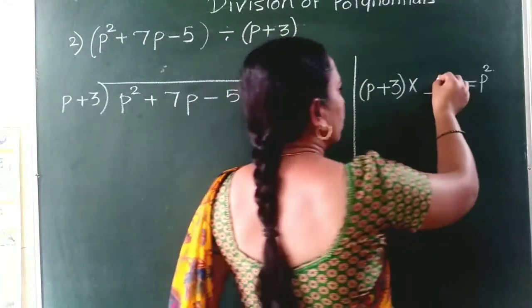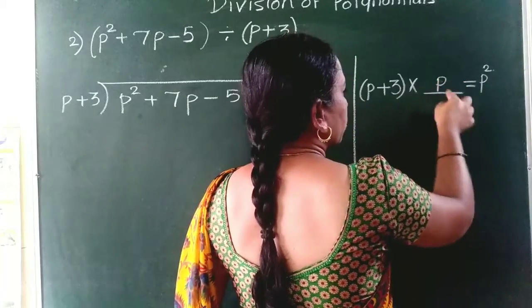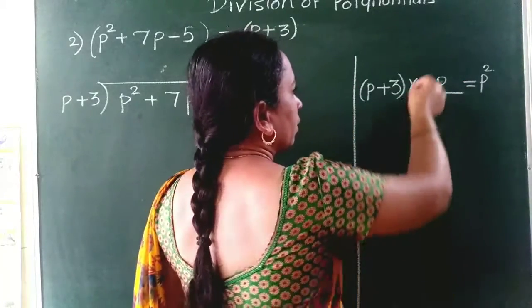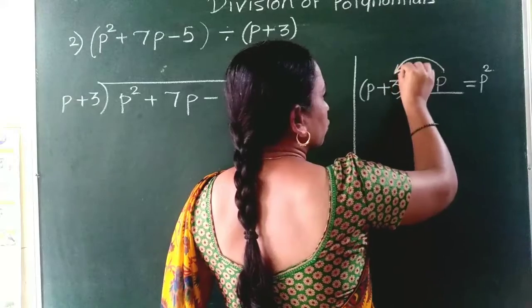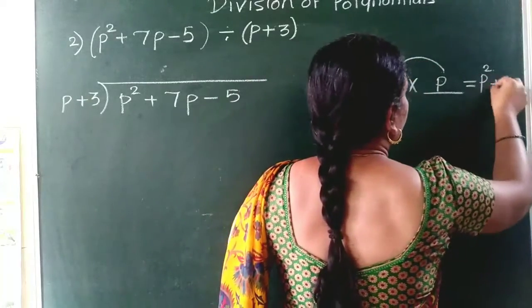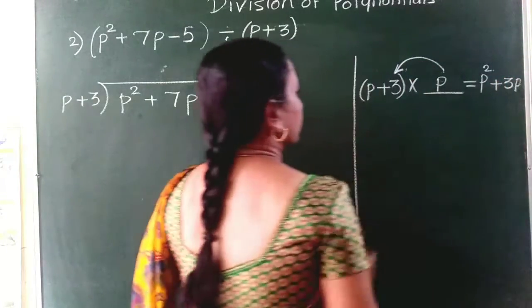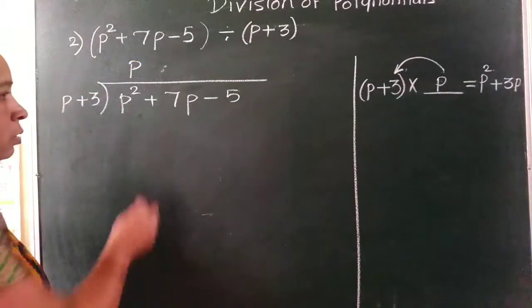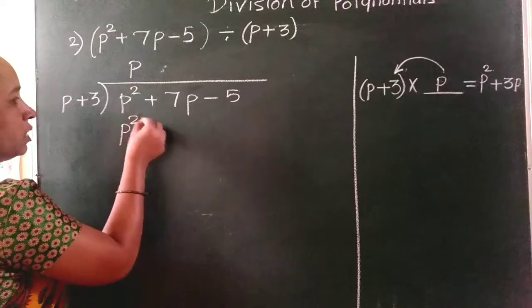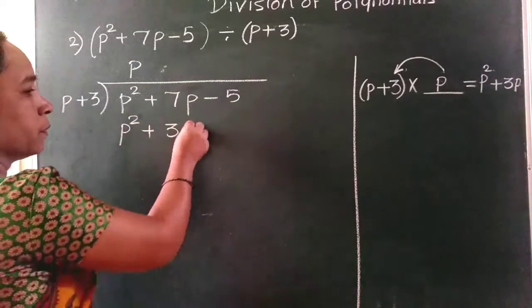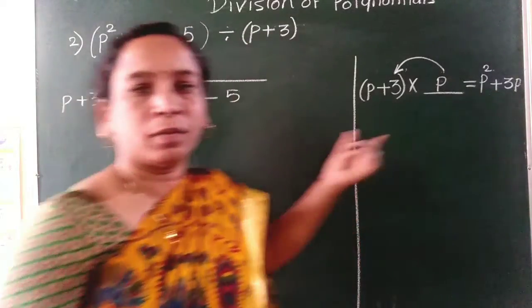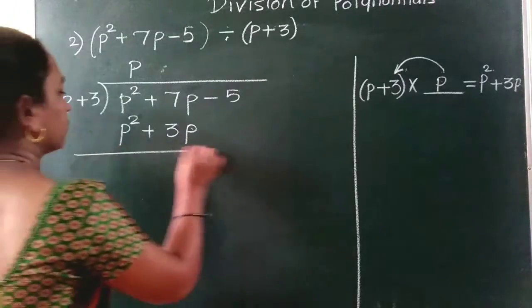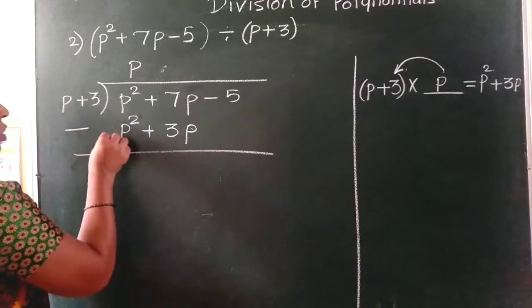To balance it, I should multiply by p. Now the remaining second term we should also multiply, so it would be 3p. p is the first quotient, and then we get the product p square plus 3p. This is the product which I have written here. Because of the minus sign, change the sign.